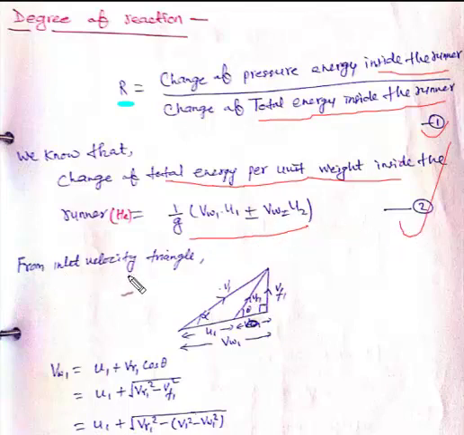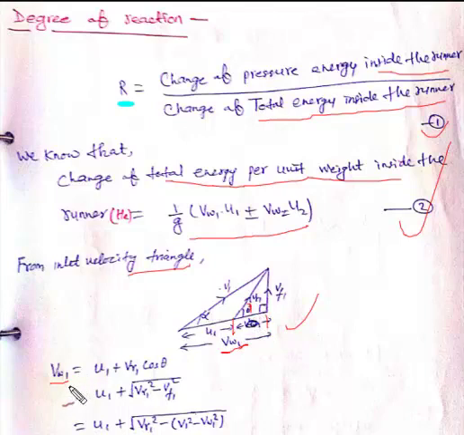From the inlet velocity triangle, here this is the inlet velocity triangle, we get Vw1, this is the Vw1 whirl velocity at the inlet, is equal to U1 plus this component, this is Vr1 cos theta. From this small triangle, here is the theta, then this length will be equal to Vr1 cos theta.